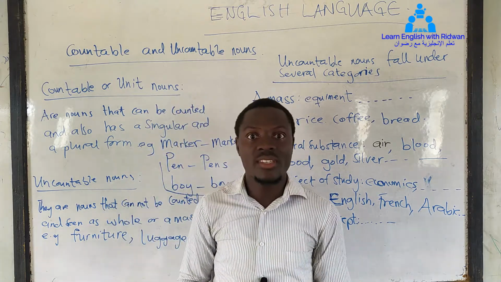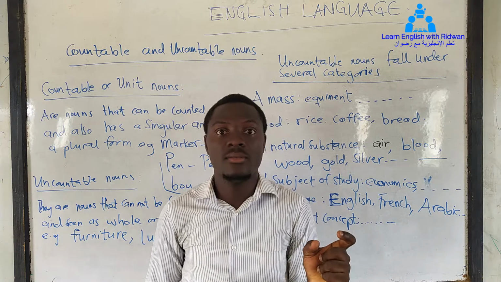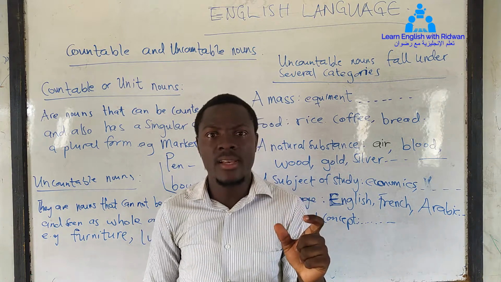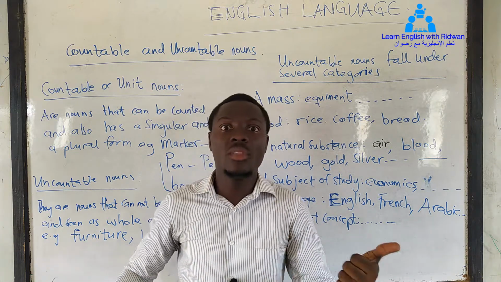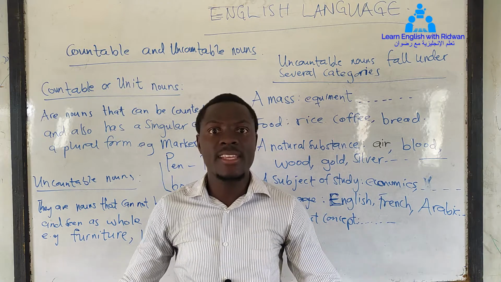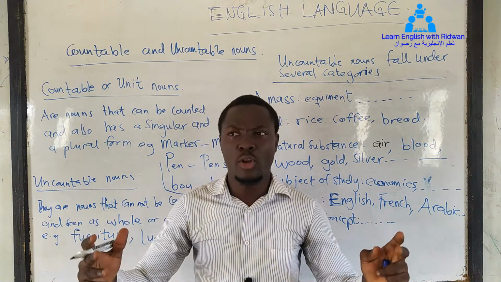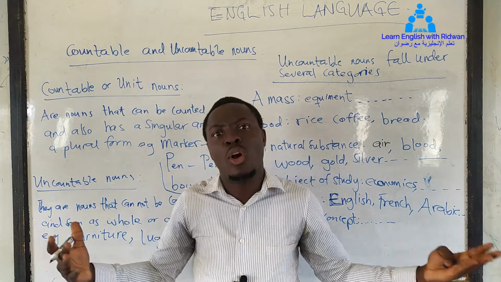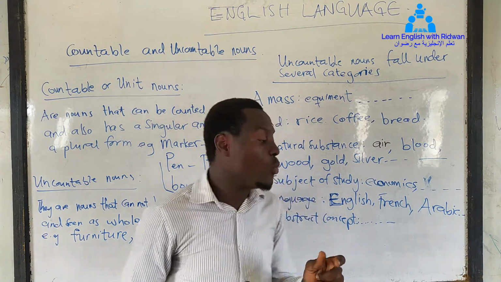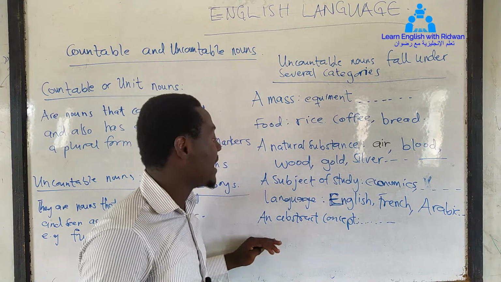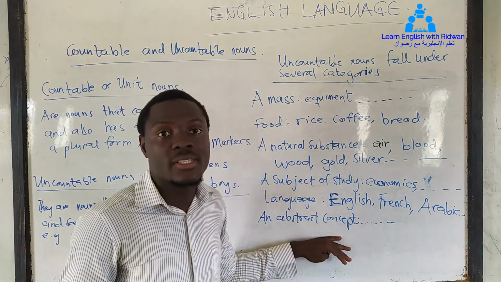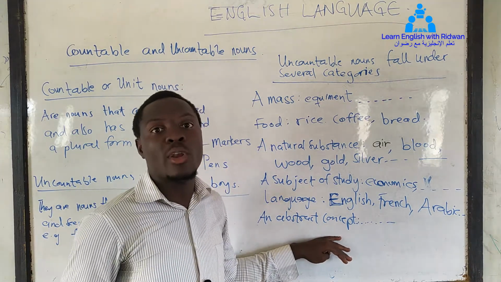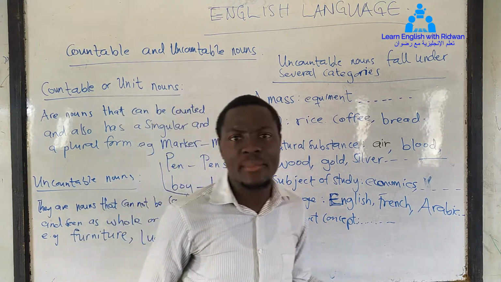So if I ask you a question, the word advice, that is the noun advice, is it countable or uncountable? Now in this case, you'll be thinking, because advice cannot be counted, I can't even see advice, so how do I even know whether it's countable or uncountable? But with the aid of knowing that all abstract concepts are what? Uncountable nouns, it will help you very well in your examinations.